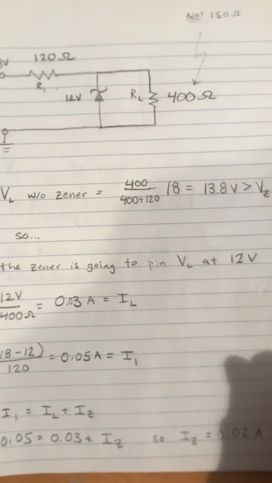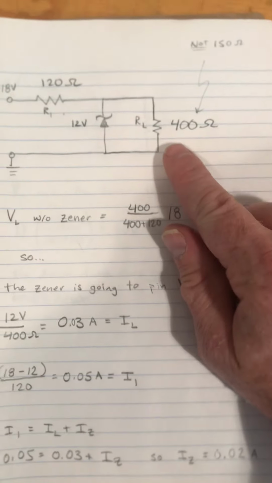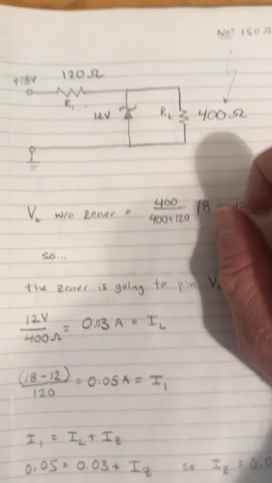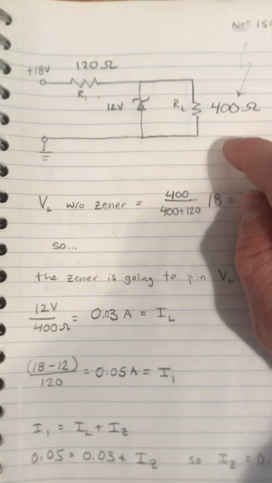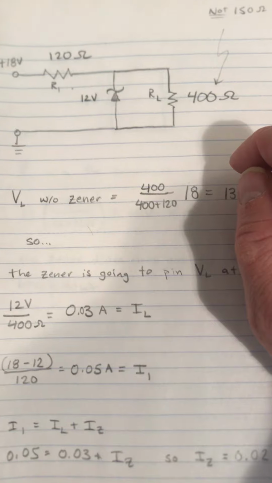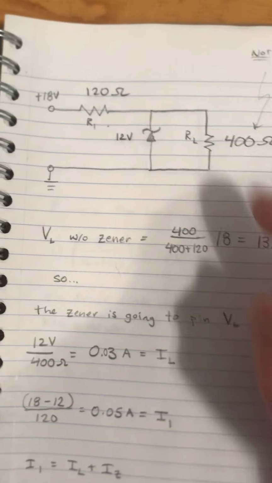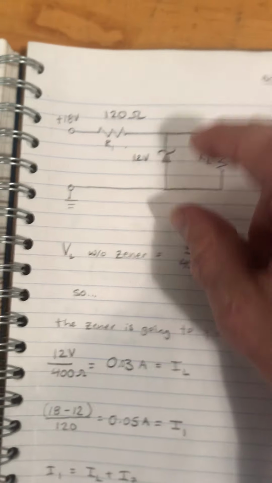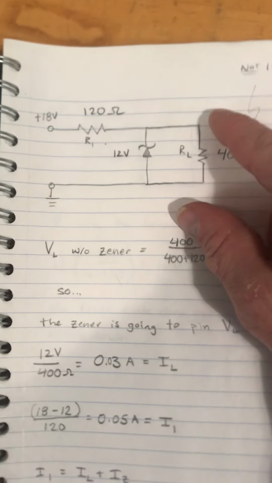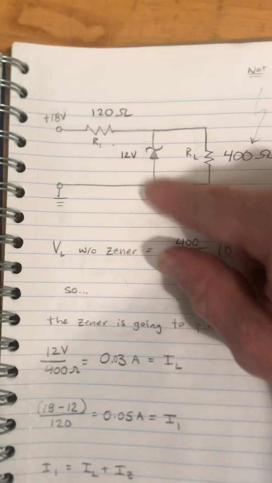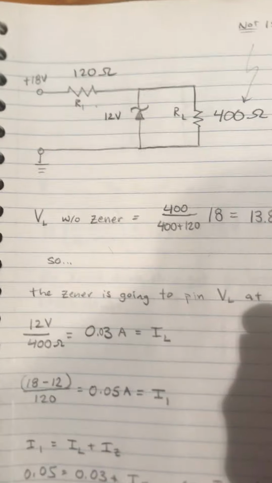Now, let's talk about what this means. If this load were variable, so it could fluctuate in its resistance, if it fluctuates downwards, then I sub Z will draw less current because more current will go through this path in order to maintain that 12 volts. If it gets higher, then more current will go through here in order to maintain that 12 volts.